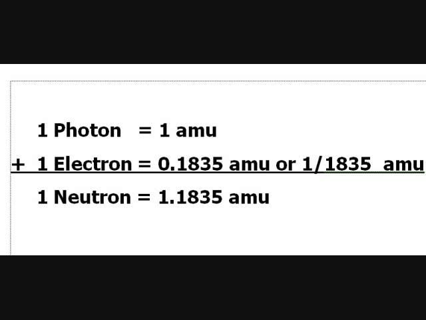Okay, so basically one electron is 1 over 1835 AMU, and the neutron is 1 times? 1 point. You add them together. If I have one proton plus that 0.1835, that becomes the sum 1.1835. Oh, okay.